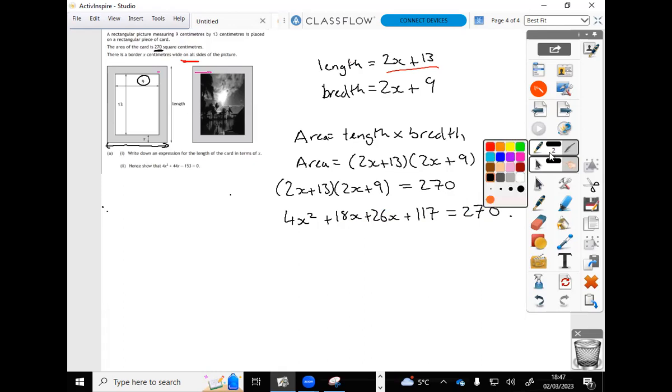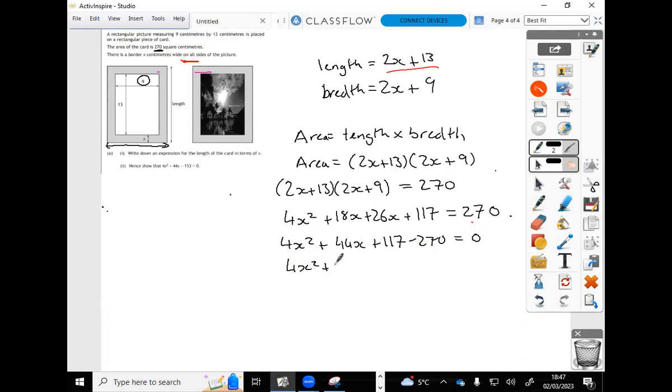Tidy that up by bringing that 270 across. That 270 is a positive on the right-hand side, so it's going to become a negative on the left-hand side. You're going to have 4x squared plus 26x plus 18x, which gives you 44x, plus 117 minus 270 equals 0.